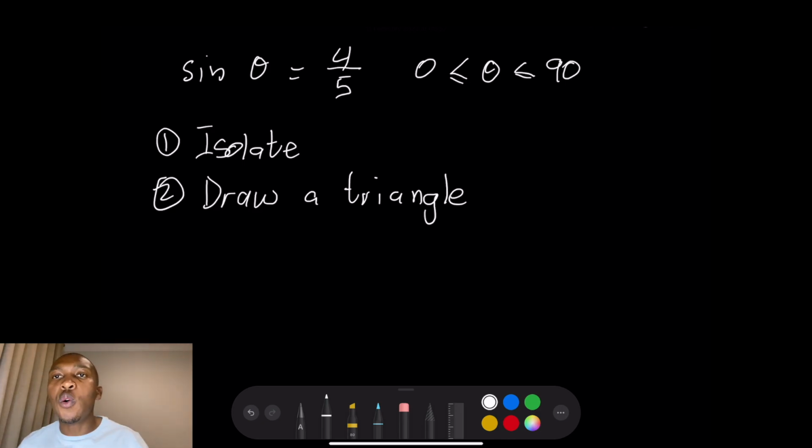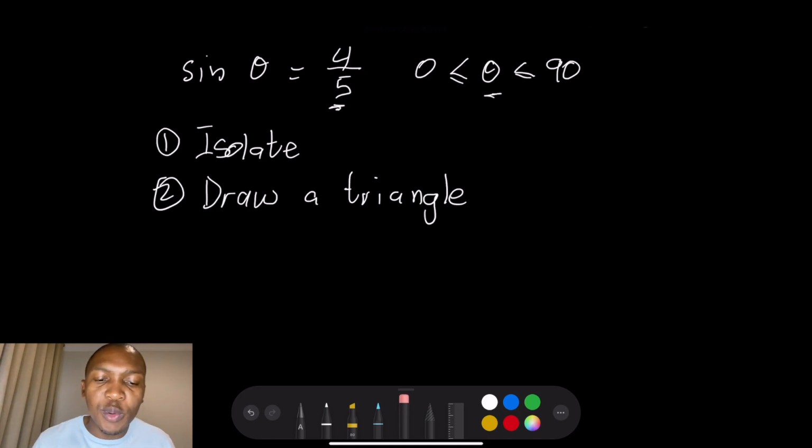You're going to make sure that it's in the right quadrant. So of course you're going to look at your restriction, and you're going to look at the ratio that you are given as well. Don't worry, you'll understand all of this as we do it. And then thirdly, you're going to find the third side.